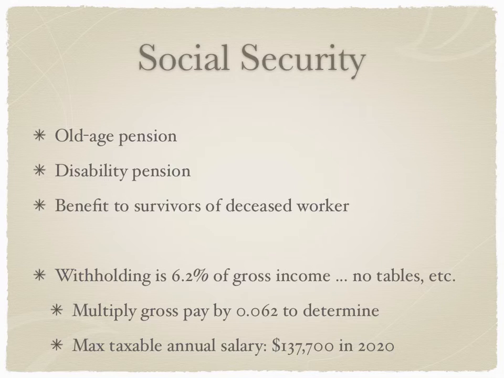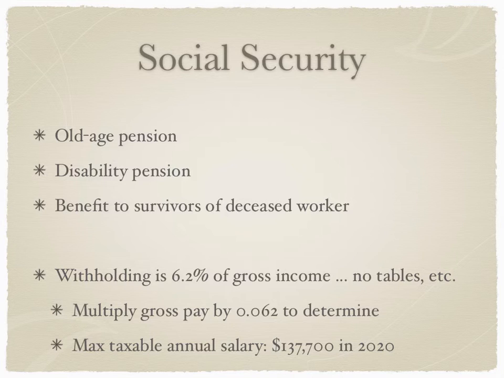So grandma and grandpa and great-grandparents might be collecting Social Security payments each month. Maybe you know somebody who has been injured in the course of their work and is unable to work any longer, and they are receiving a Social Security payment as well. That's where the disability pension side comes in. Social Security also pays a benefit to survivors of a deceased worker.